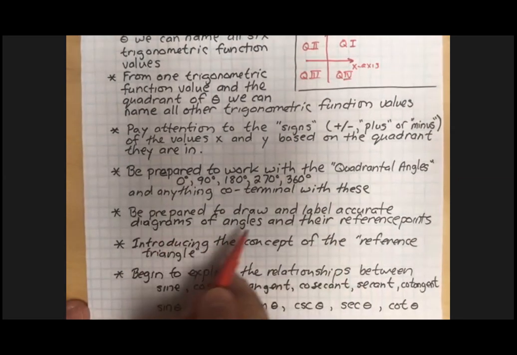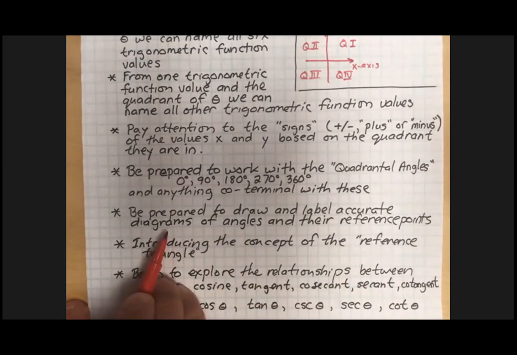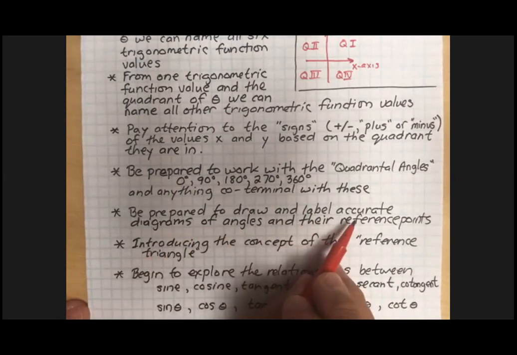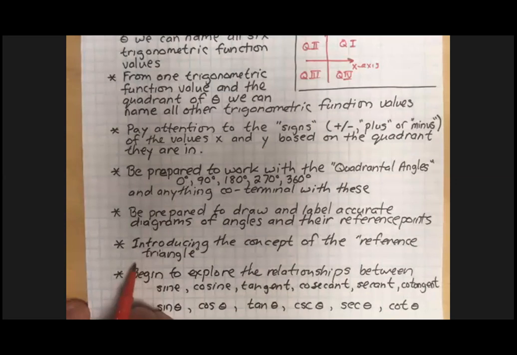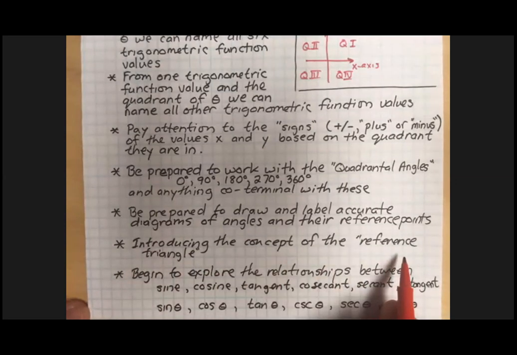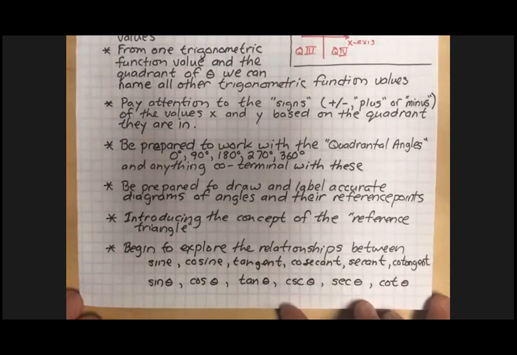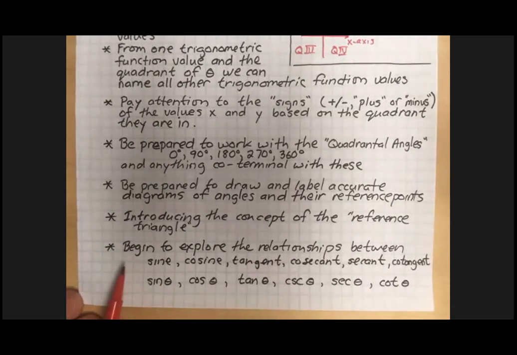Wrapping up, and especially in your written homework, you always want to be able to draw and label accurate diagrams of your angles and their reference points. Today I'll show you a quick way to organize that, previewing some things we're going to do next week. It's called the reference triangle. Then in the content of 1.5, we're going to begin to explore the relationships between the 6 trigonometric functions: sine, cosine, tangent, cosecant, secant, and cotangent.